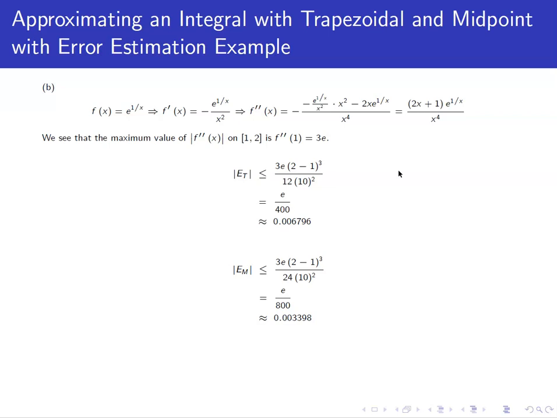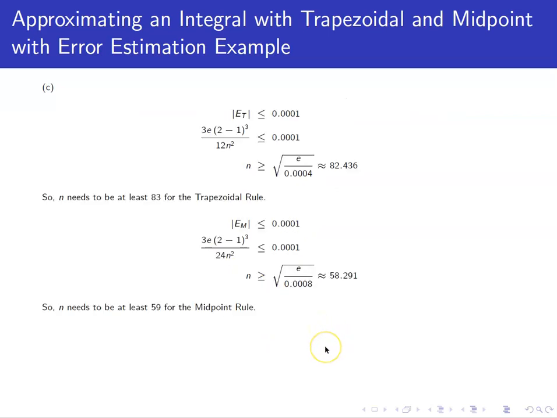And then divide by 12 times the number of subintervals squared for trapezoidal rule. For midpoint rule, you divide by 24 times the number of subintervals squared. So we see that the error in the trapezoidal rule in absolute value is at most about 0.007-ish. For the midpoint rule, it's about 0.003-ish.